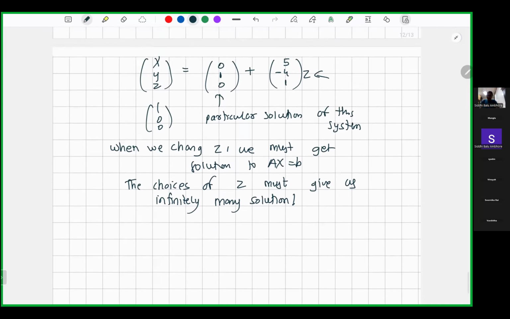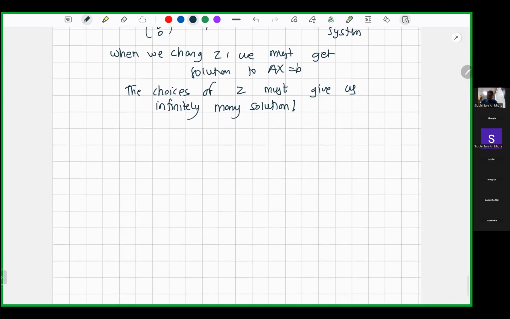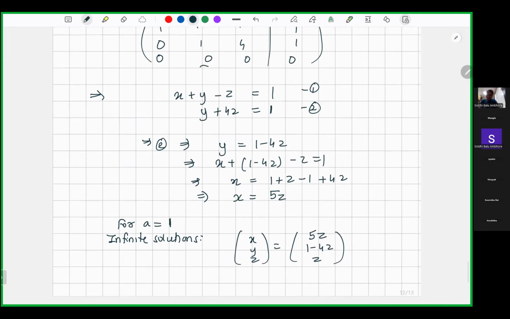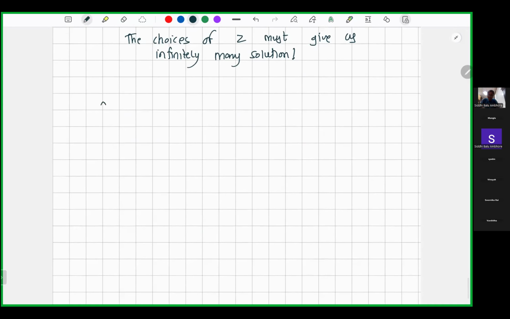Okay, and now the final condition. Final condition means not final condition. The only possibility for A to B, and when A to B is 3 by 2. Let us see then what my system of equations is. Then it is 1, 1, minus 1, 2, 3. 3 by 2 gives me 3 here.